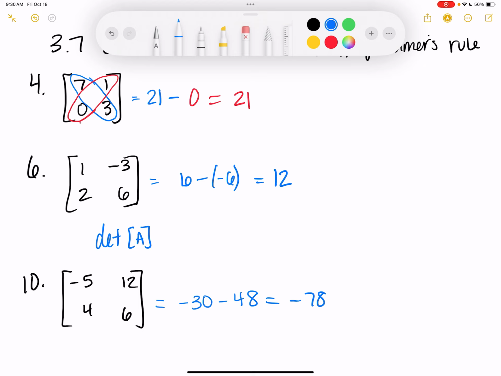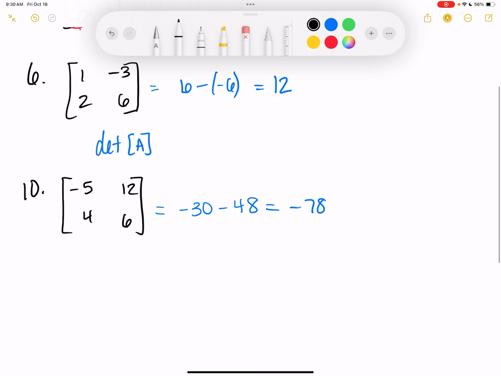All right. Onward to 3x3s. Number 12. 1, 2, 3, 5, -8, 1, 2, 4, 3.